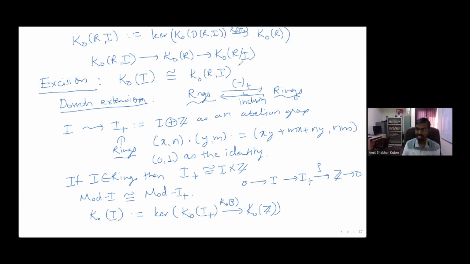So we have a three-term short exact sequence, and the excision property holds. And in the next lecture, perhaps, as an application of this, we will see that if I is the ideal mZ of the ring of integers, a ring without unity, then K0 of I is a finite Grothendieck group.